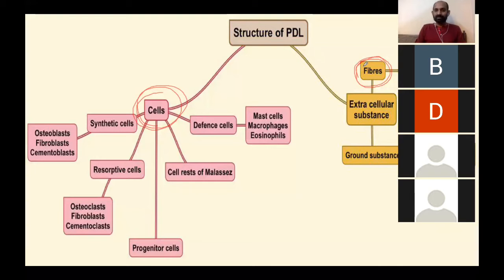Number one, you have cells inside, we'll come to what those cells are later. Number two, most important, you will have the fibers. These are the actual periodontal ligament fibers, which help connect the tooth with the alveolar bone. So this is primarily the structure of the periodontal ligament: two important components, the cells and the fibers, which are invested in an amorphous, gel-like matrix called the ground substance, right?